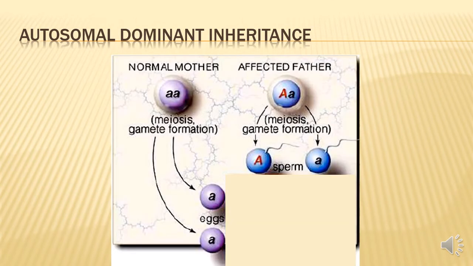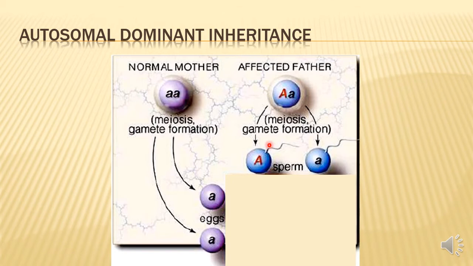Now let's work out and see the fate of the children if a normal mother with small a, small a genotype is married to an affected father with capital A, small a genotype. As shown here, during oogenesis, this mother will always produce ova containing small a or the normal allele.